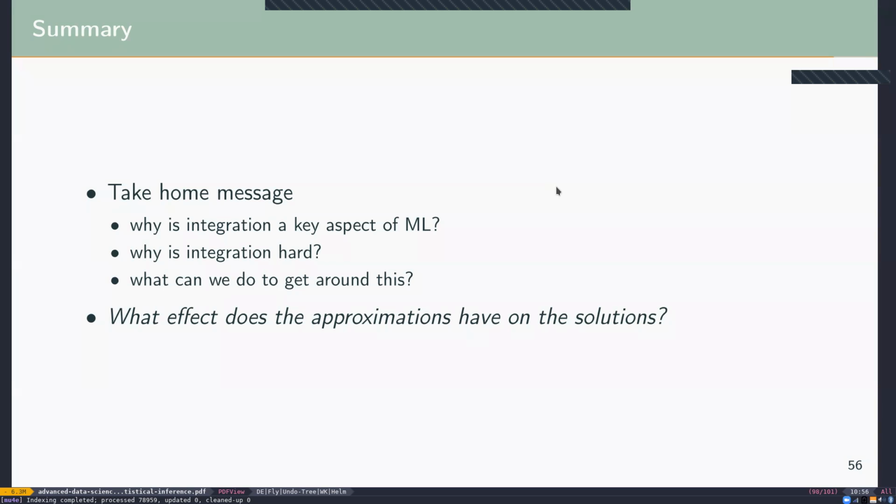This is a really big thing as well. Often you see very nice models that we sit and interpret, but you also have to interpret how these models have been fitted, because they nearly always have been fitted using some form of approximate methods. Cool, and with that, I'm going to end.